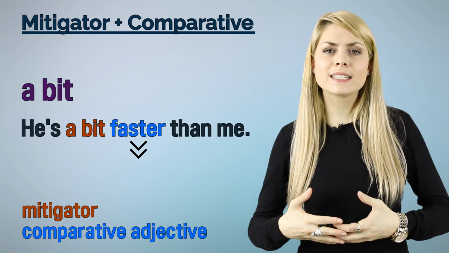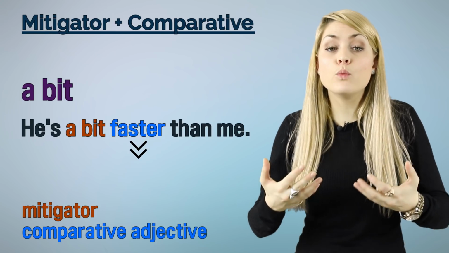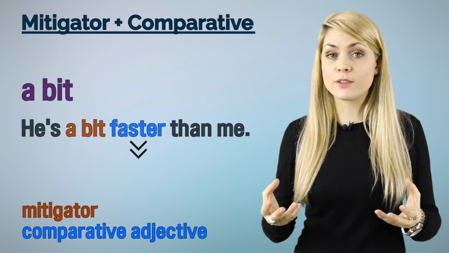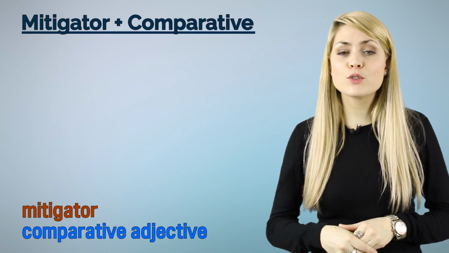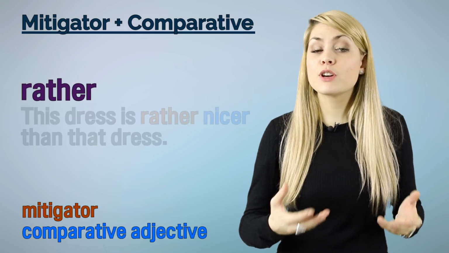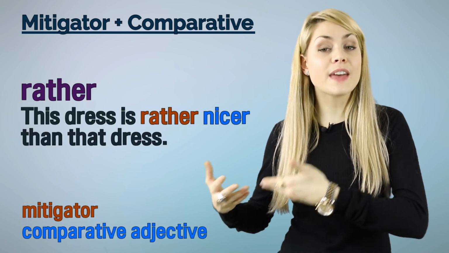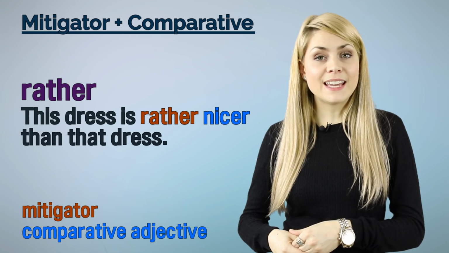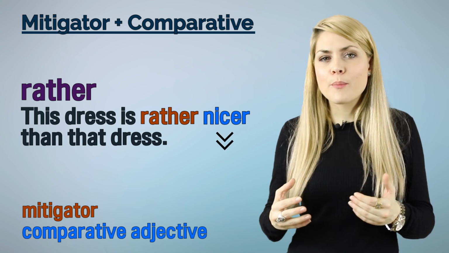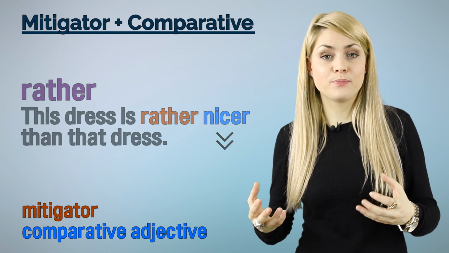So a bit mitigates, it weakens faster. Same goes for rather. For example, this dress is rather nicer than that dress. It weakens the comparison, the nicer.